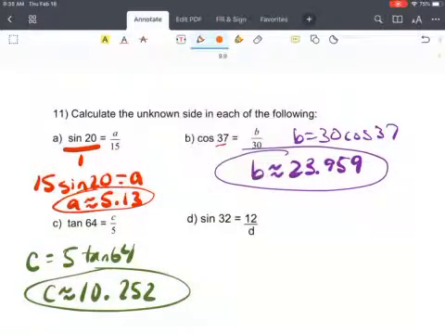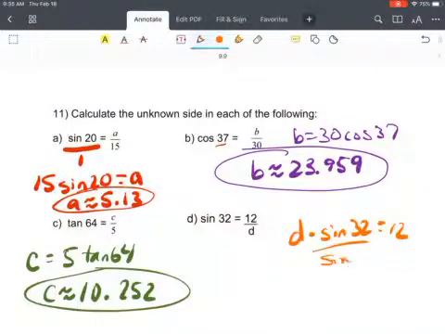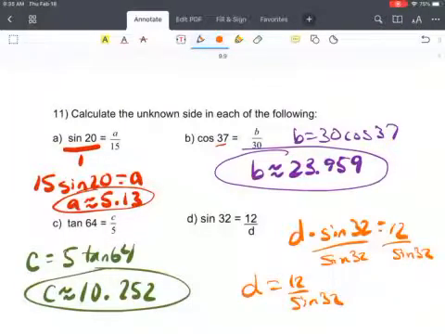When you cross multiply for D, you're going to get D times sine of 32 equals 12. So we're going to need to divide both sides by sine of 32. So D is going to equal 12 divided by sine of 32, and D will be about 22.645.